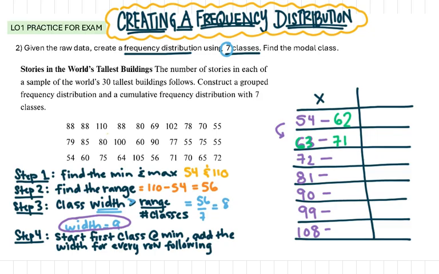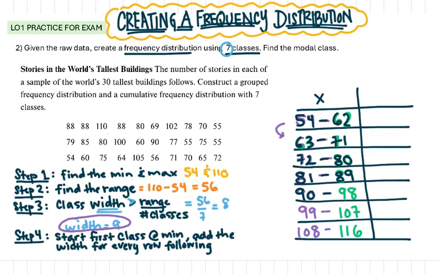The fourth row starts at 81, so we'll end the third row at 80, and so forth. And you can see here, we're just adding 9 each time. 89, and 98, and 107, and then 116. What is the point? The main point of these rows is that they have the same width, there are no gaps, and every raw data point will have a place in the row.